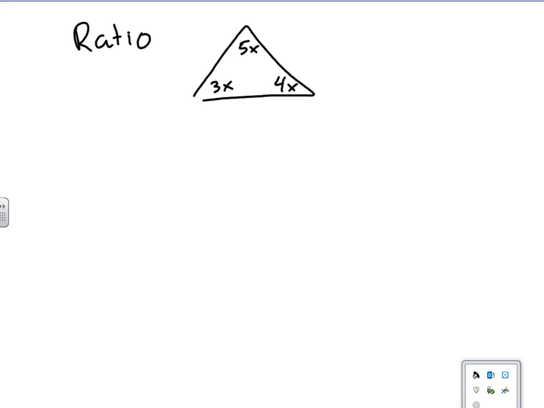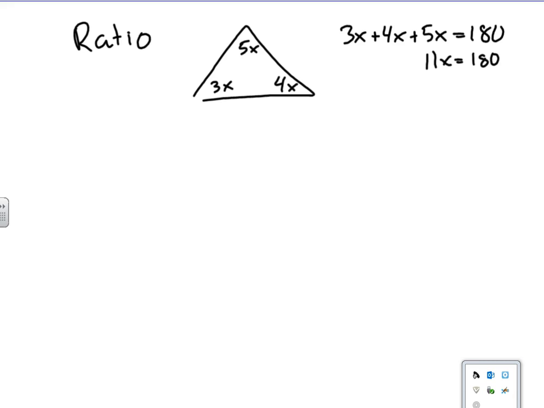When they're in ratio like that, you can add them up to the total of what you know is 180 and solve for x, and then plug that back into each one of these. So this would be 11x equals 180, then whatever 180 divided by 11 is, and then you substitute back in. That will allow you to find the angles.